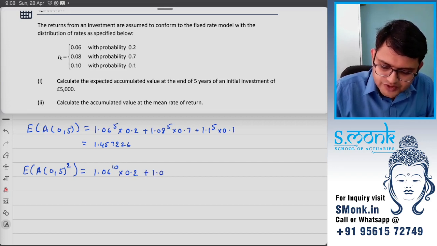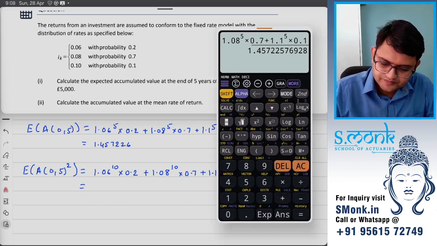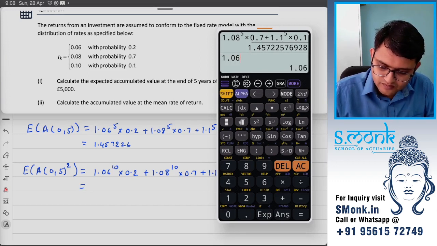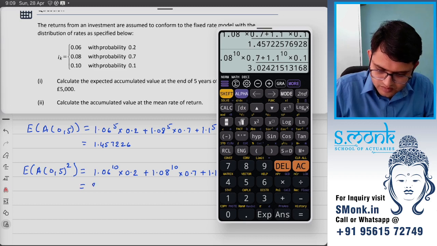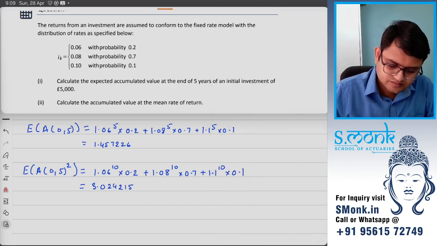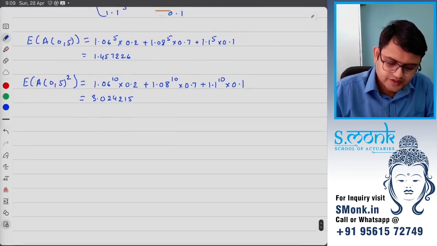The value will be squared but not the probability. Variance.